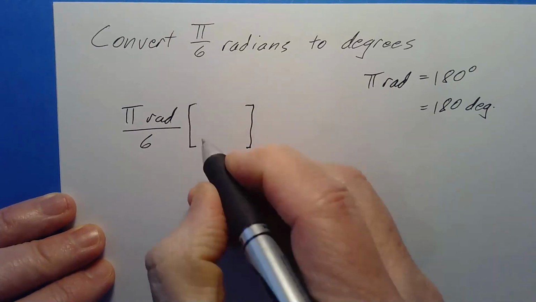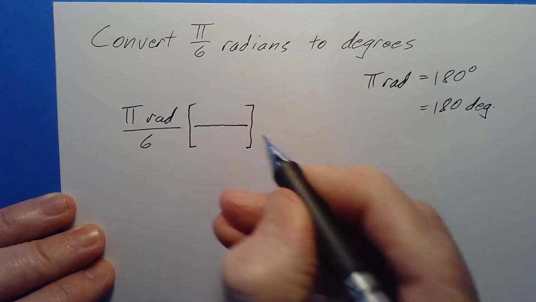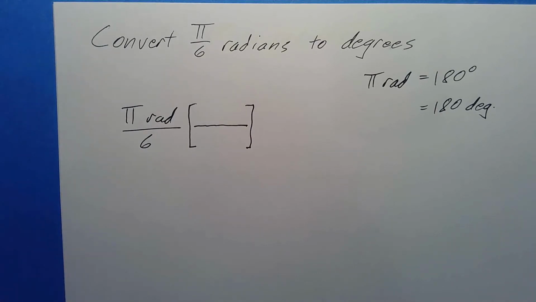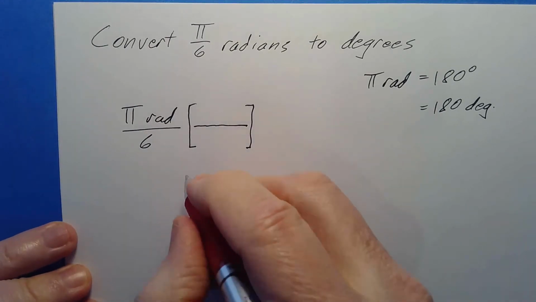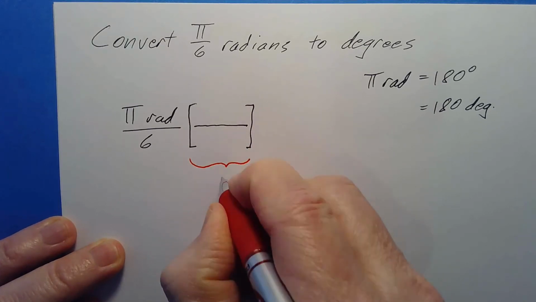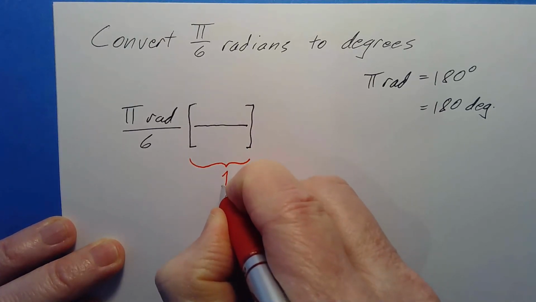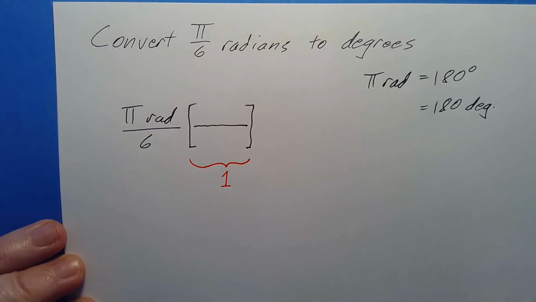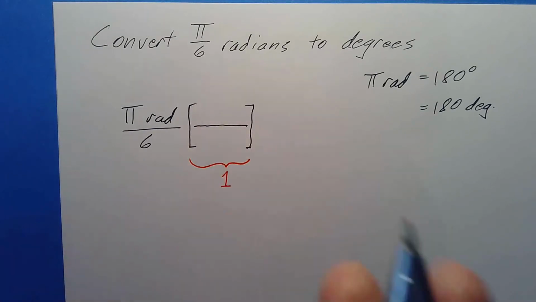That's just a personal preference, but I find it easier to keep track of what I'm doing this way. Some of you might remember this one: I'm multiplying times the number 1. We can always multiply anything times the number 1, and it stays the same value. It's going to look different, but it's the same actual value.